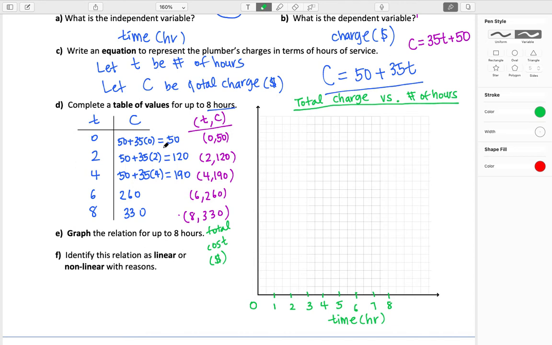And for this one, if I take a look at the numbers for cost, I start with $50 and I go all the way up to $330. So what I'm going to do is, let's say, I will do 5 spaces for 100. So 1, 2, 3, 4, 5. So this is $100. And then another 5 spaces for 200.